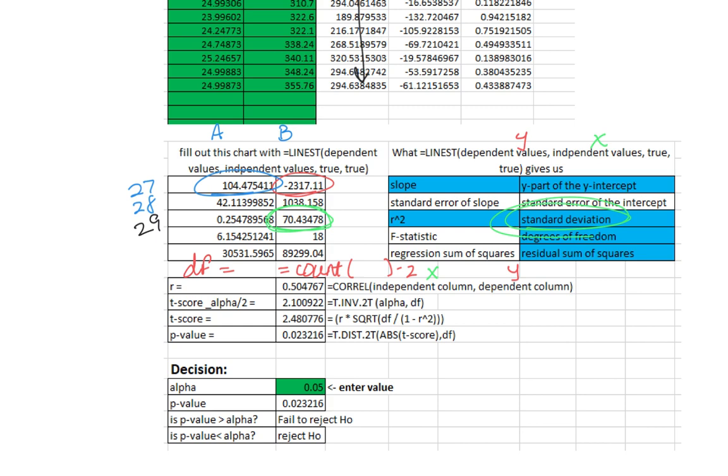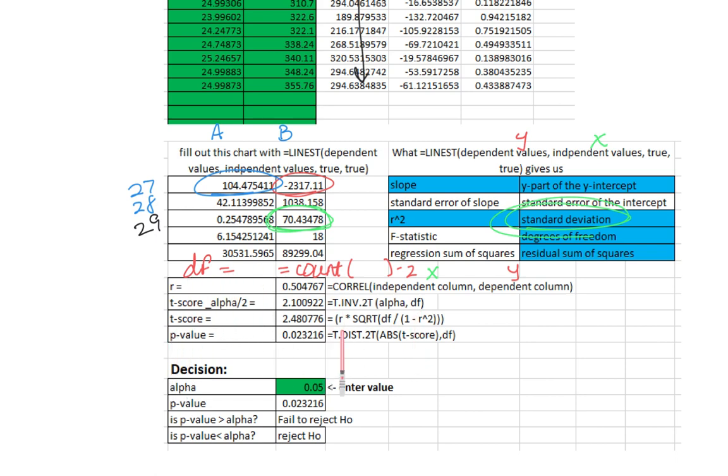And that will give me my degrees of freedom. Now this should be all uppercase because it is an Excel call. So then I'll have my degrees of freedom, so I can grab my alpha, wherever I put that alpha. I probably should put my alpha somewhere. I could probably put it there, and then I can grab the alpha here. And then of course my degrees of freedom is right there.